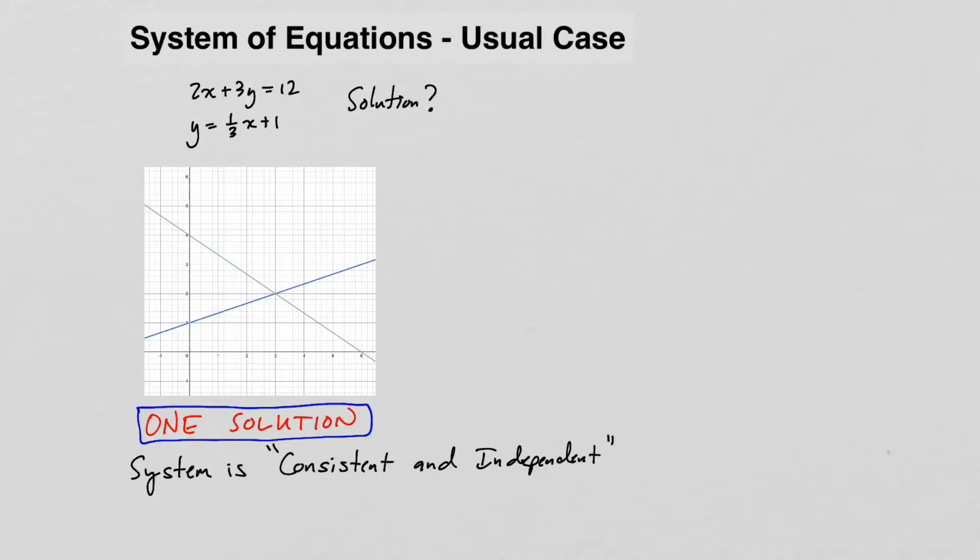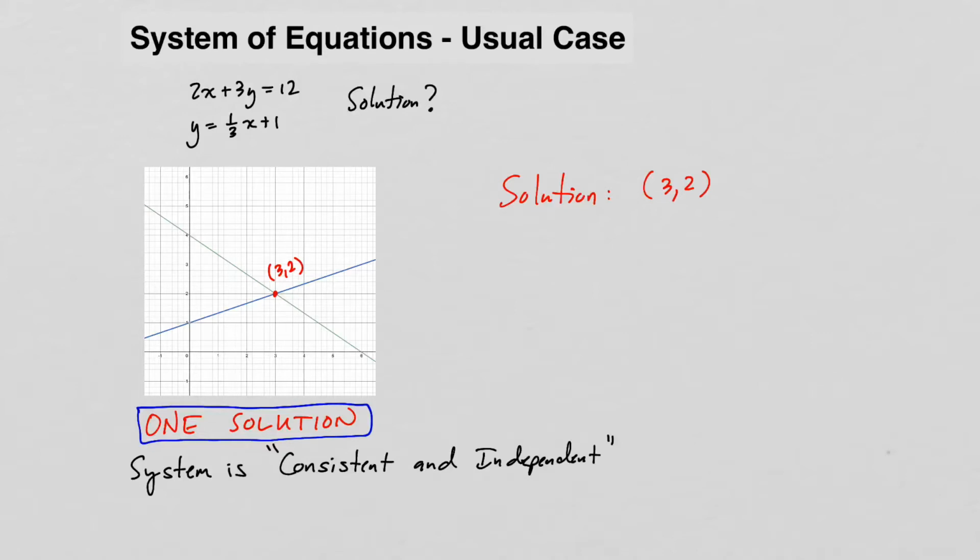You can see that these two lines intersect at this point, and that point has coordinates 3, 2. And that point is the solution to the system. So we would simply write the solution is x equals 3, y equals 2.